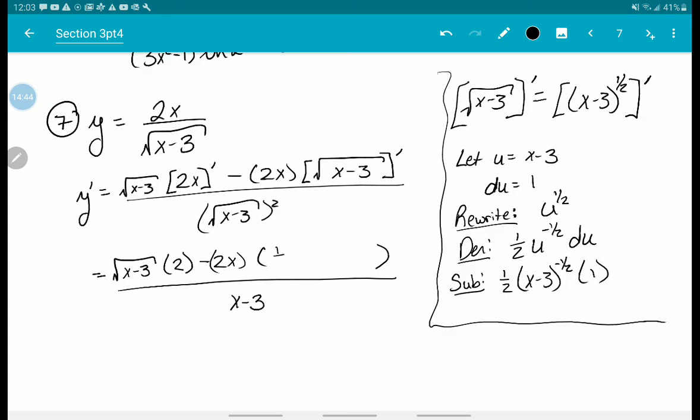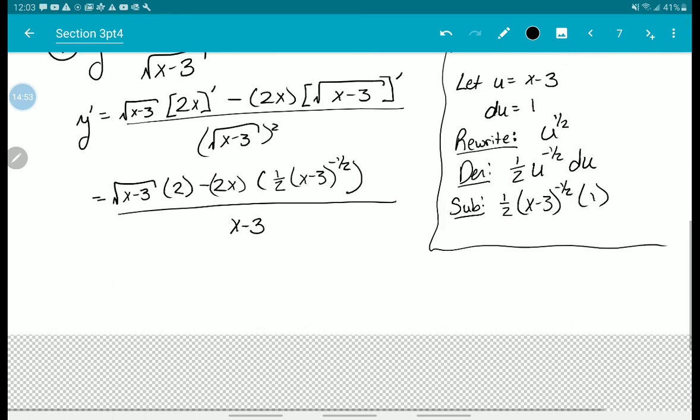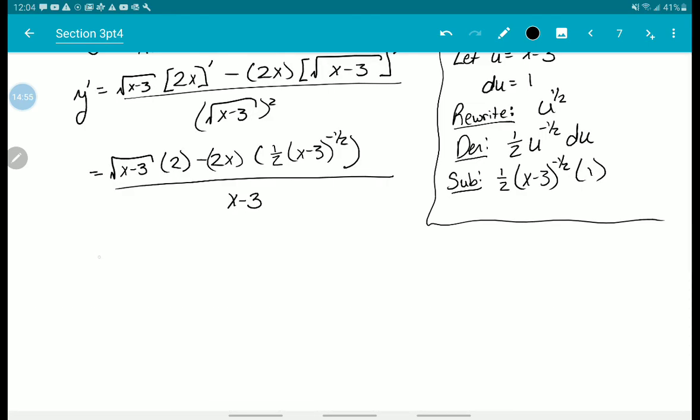So we're going to have 1/2 times (x minus 3) to the negative 1/2. Let's do some simplifying. So this is 2 times (x minus 3) to the 1/2 minus 2x times 1/2 is just going to be a minus x there. (x minus 3) to the negative 1/2 over x minus 3.